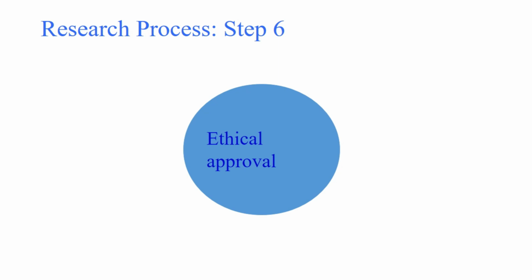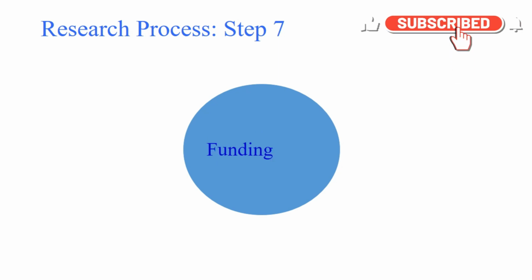Obtain approval from an ethics committee to ensure the research meets ethical standards, especially when involving human and animal subjects. Research funding. We secure financial support through grants or institutional funding to carry out the research.